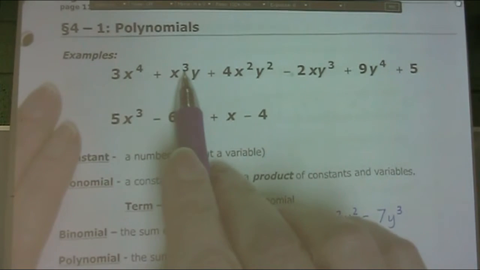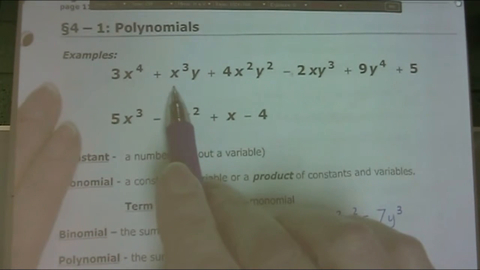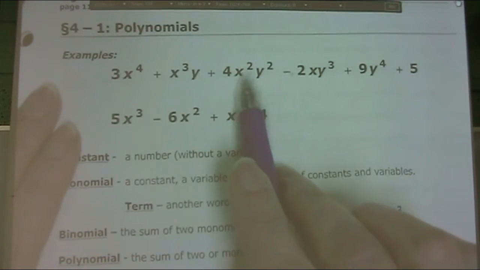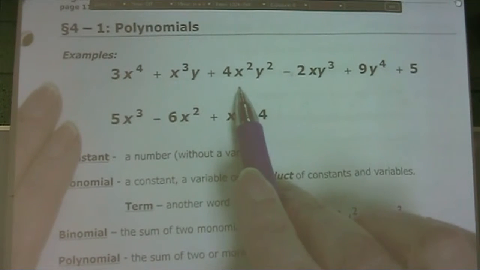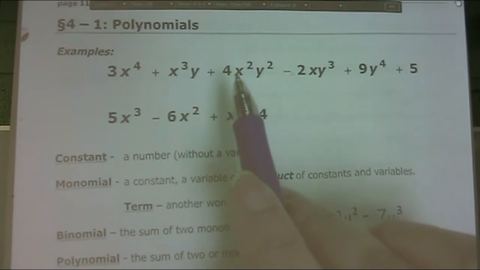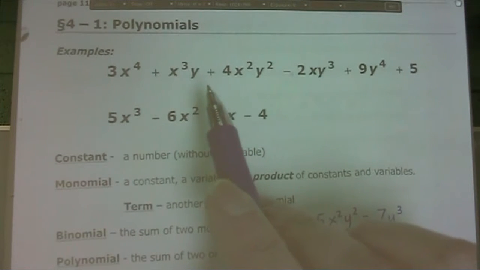Here, I've got a 3 and a 1, so the degree of this monomial is 4. Here, I've got a 2 and a 2, that totals to 4, so the degree of this monomial is 4. Whatever the powers are of all the variables in that monomial, we're just going to add them up. And that's the degree of the monomial.